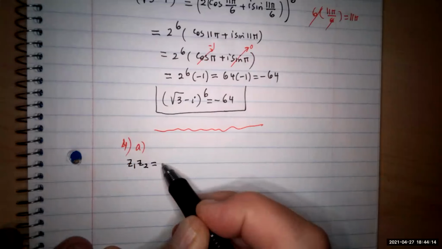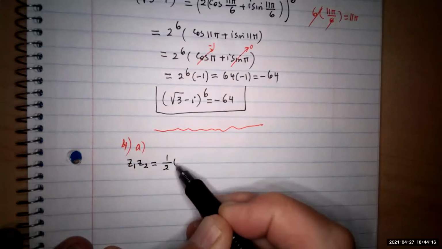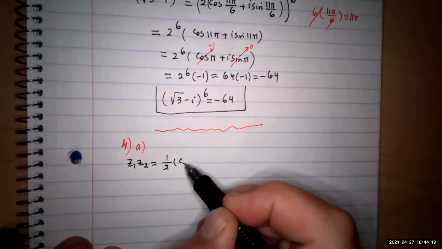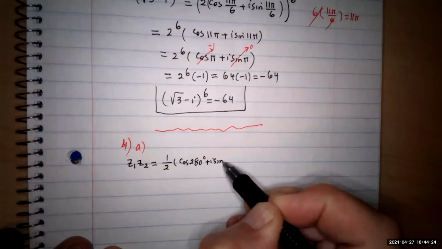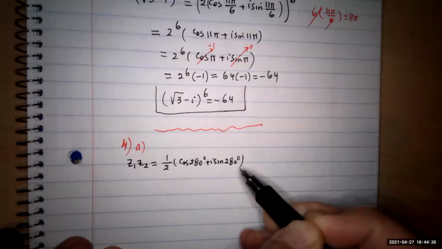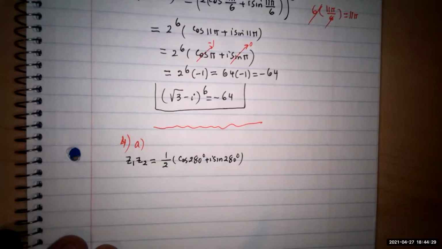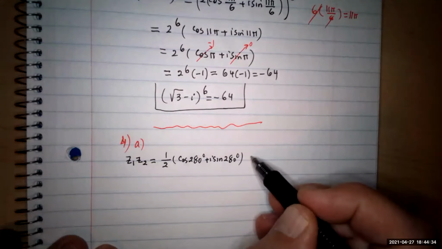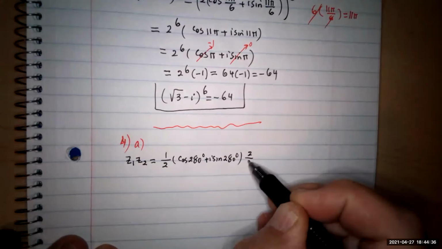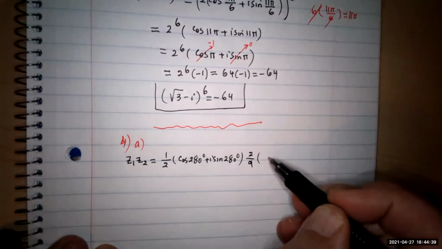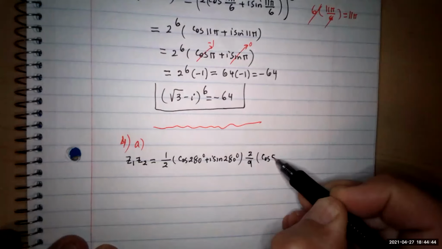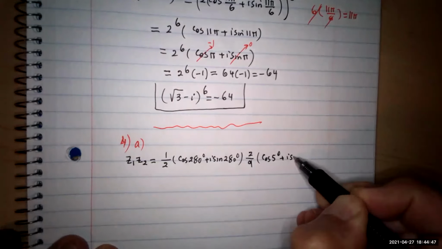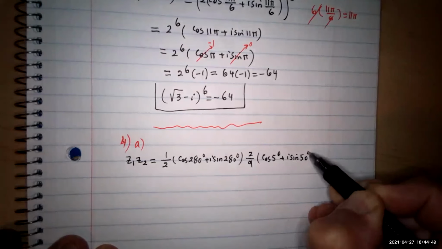Z1 is 1/2 times the polar form, cosine of 280 degrees plus I sine of 280. That's the polar form of Z1. You want to multiply by Z2. What is Z2? Z2 is 29 times CIS of 50, so cosine of 50 degrees plus I sine of 50 degrees.